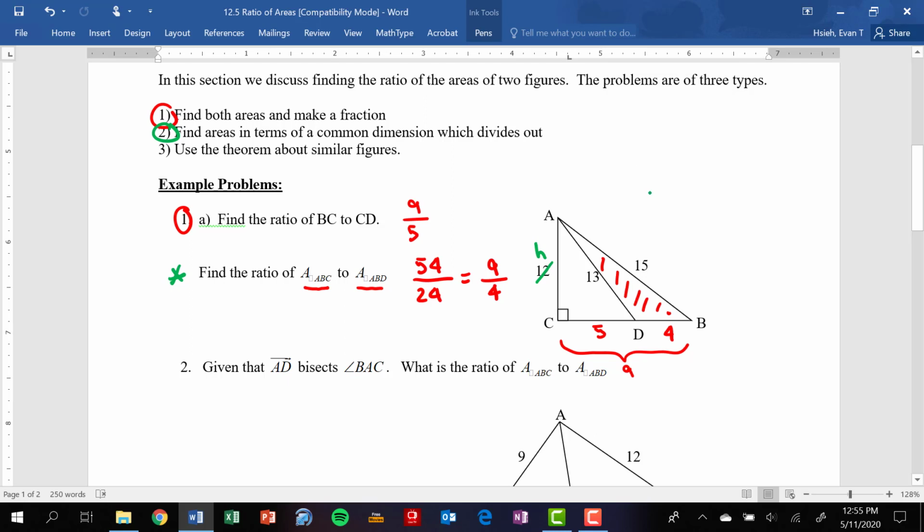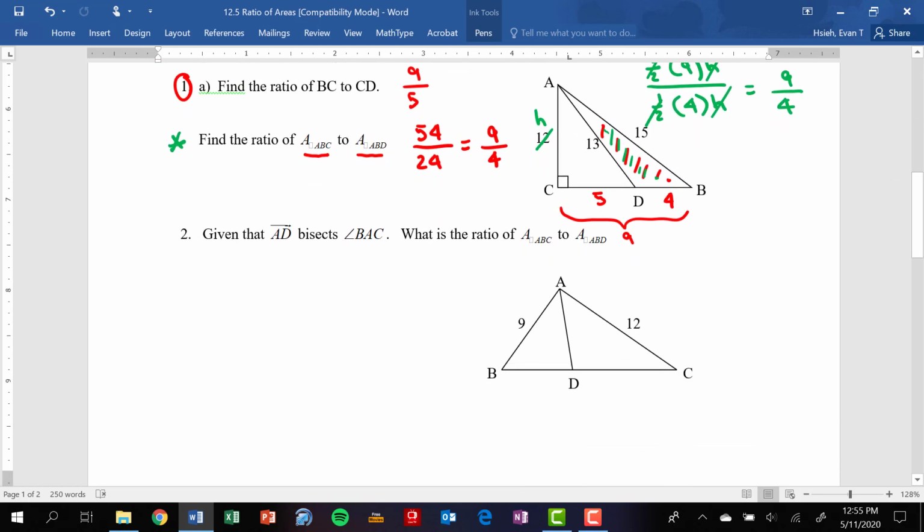It would just be 1/2, the base is 9, and let's call that height H. And I wanted to find the area of the triangle over to the right again. It'd be 1/2, the base is 4, and we have the same height, so guess what? The heights will cancel out, and the 1/2s cancel out, and you're left with the same answer, 9 over 4. So that would be an example of when the common dimensions divide out.